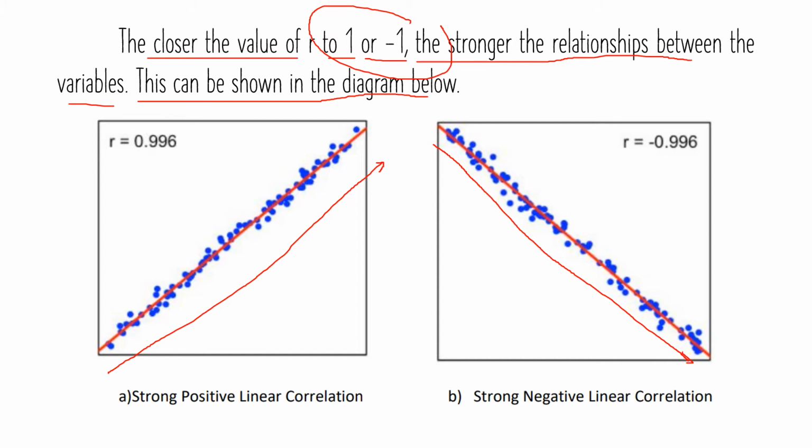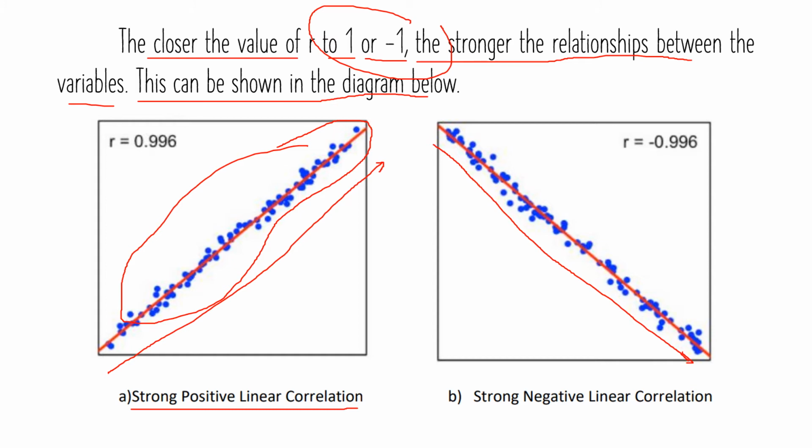Why do we consider this a strong positive linear correlation? Because most of the points in this graph fall exactly on the red line.